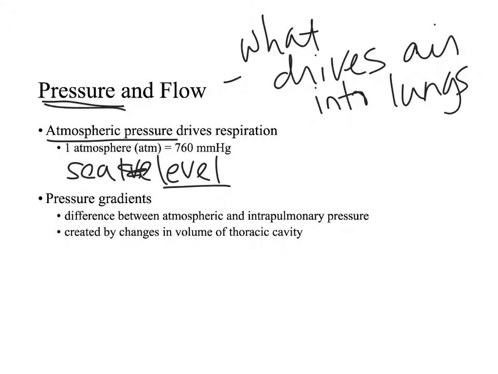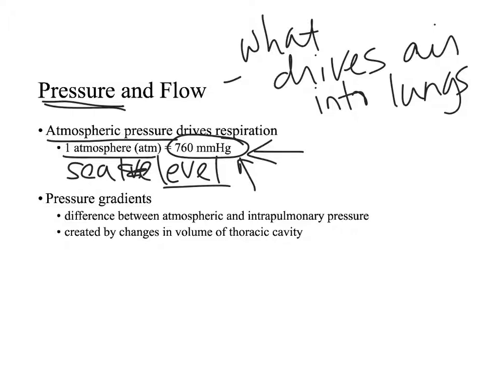So at sea level, the atmospheric pressure is, they call it 1 atmosphere, so 1 atm. But we talk about it in millimeters of mercury, so 760 millimeters of mercury. Now, when pressure changes, this number is going to change a little bit.